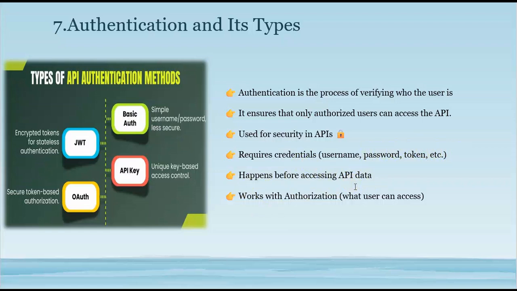It works with authorization, which defines what the user can access. There are different types of authorization methods: basic authorization, digest authorization, JWT tokens, OAuth, and API keys. We'll discuss these authorization methods practically.